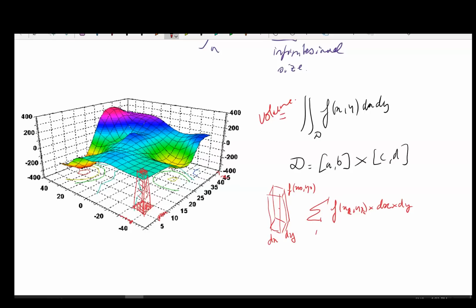Then when the widths dx and dy become infinitesimally small, your sum gets to something continuous that really is the real value of the volume. The sum was an approximation of the volume. Now when your dx dy become as small as possible, the limit of this value is going to be the volume, and that's what would be called the double integral of f on that area.